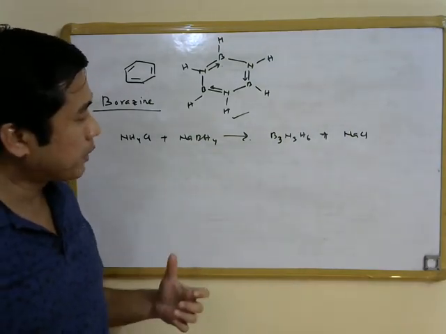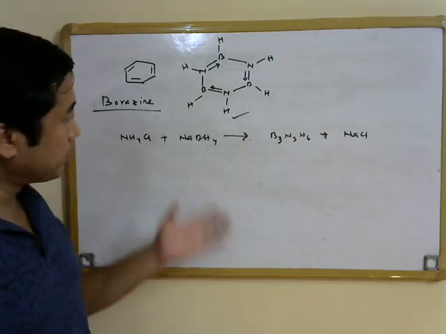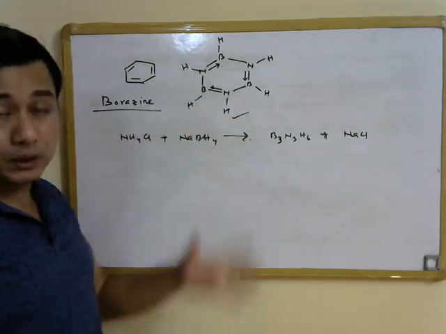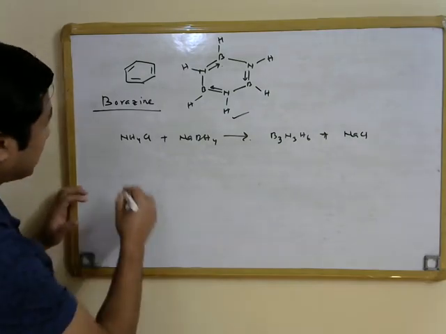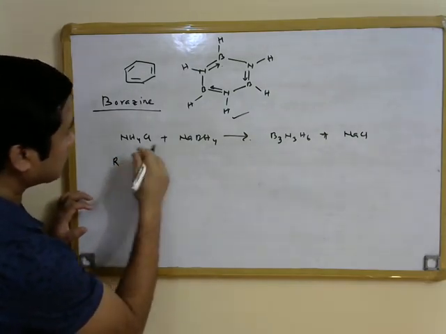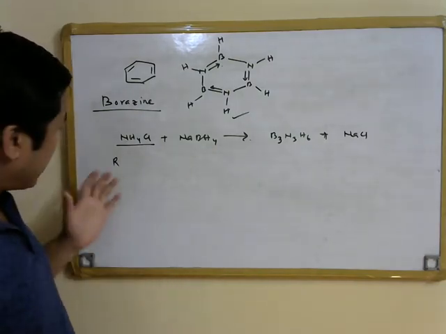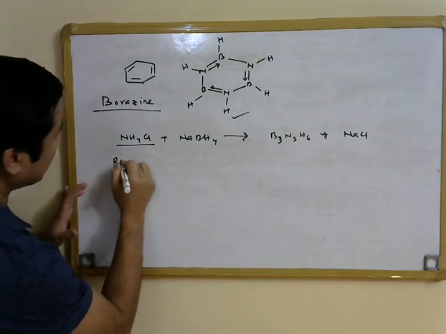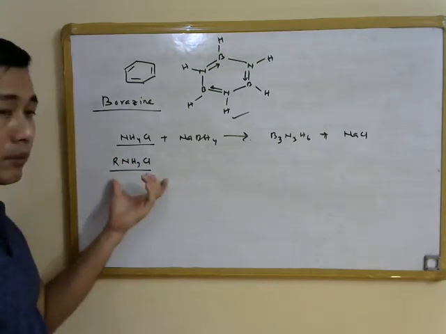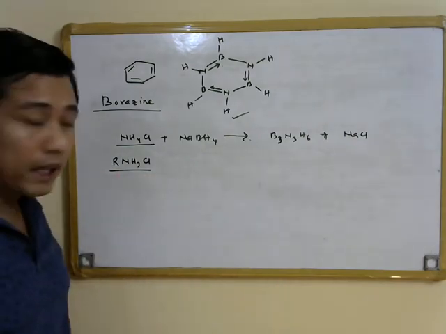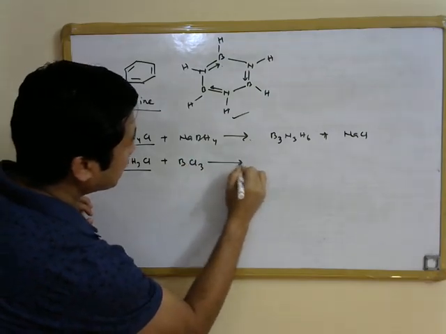Then we can also prepare substituted Borazines, with different substitution on the boron as well as on the nitrogen atom, by starting with the right precursor. Instead of using ammonium chloride, we can take alkyl or aryl ammonium salts like this, RNH3Cl. R can be an alkyl or aryl group here, and then react with BCl3.